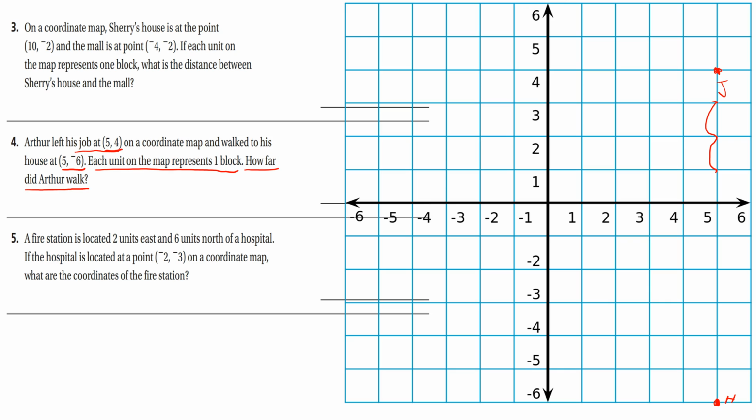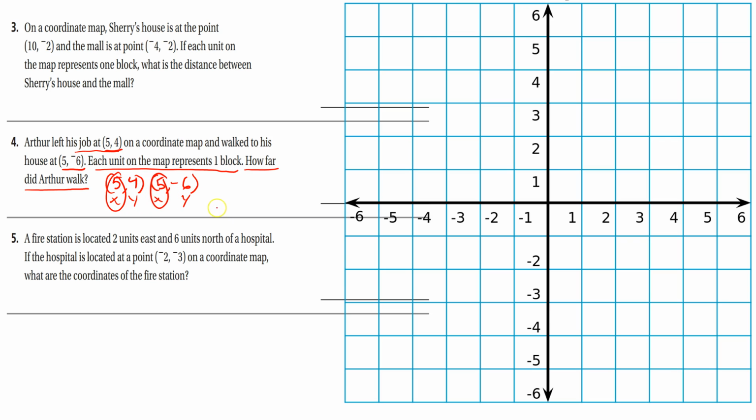Okay. Now on this one, I am going to show you as well how to do it without graphing it. So again, we have the point 5, 4, because that's what we did yesterday. And we have the point 5, -6. So I have x, then y, x, then y. Again, my x's are the same, so I look at my y's.